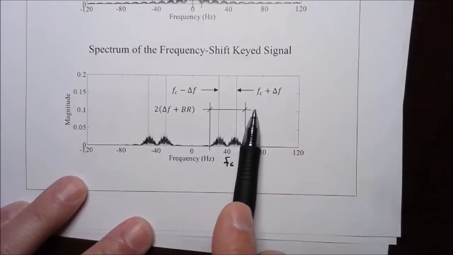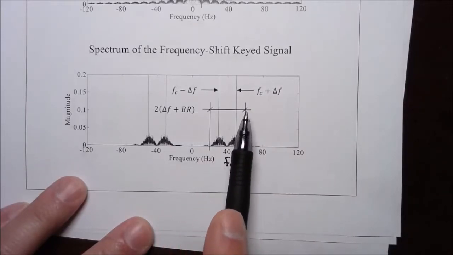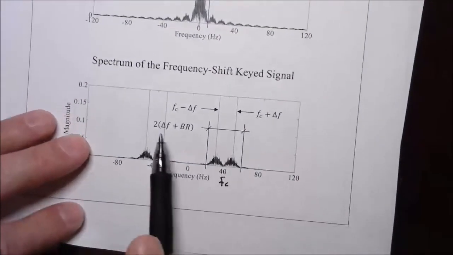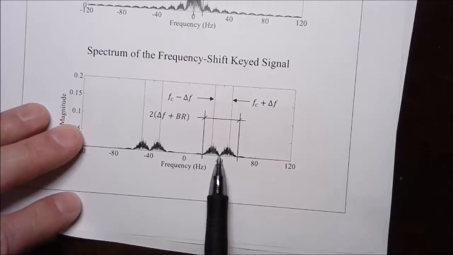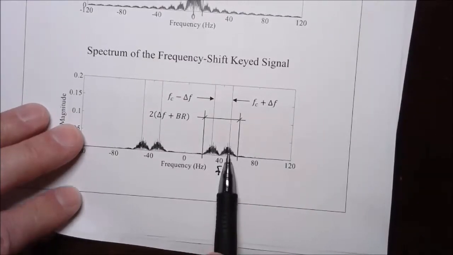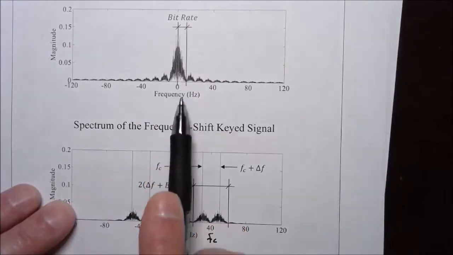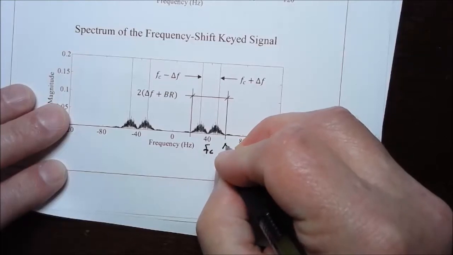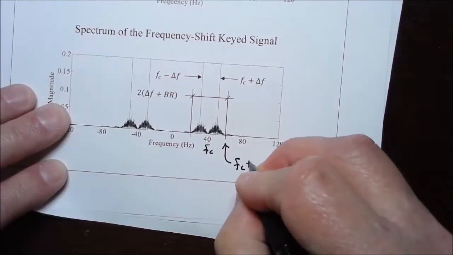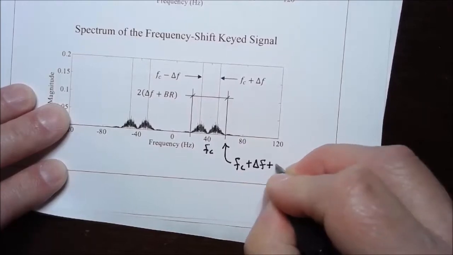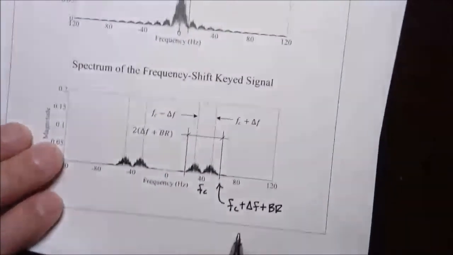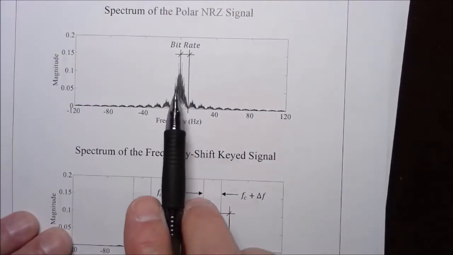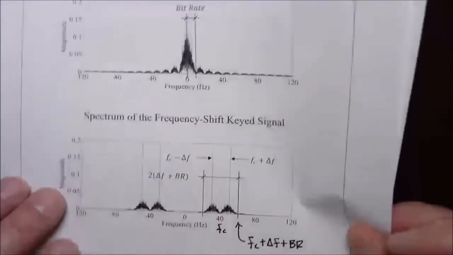And now when you look for the overall bandwidth of this frequency modulated signal, we've got this is the carrier frequency, this is fc plus delta f, and then we go beyond that to this point, which is going to be at fc plus delta f plus the bit rate, because the bit rate gives us the bandwidth to the first null of this sinc shape.